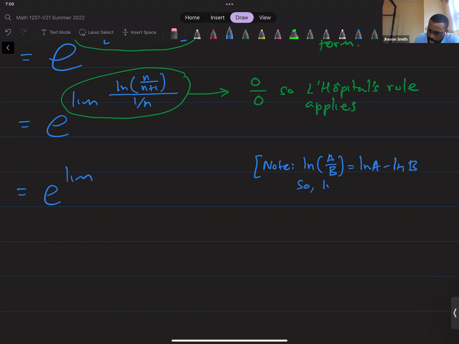So if I see ln of n over n plus 1, I can think of that as ln of n minus ln of n plus 1. Then if I differentiate ln of n, I get 1 over n, minus, if I differentiate ln of n plus 1, 1 over n plus 1. So that's the derivative of the top. The derivative of the denominator is minus 1 over n squared.